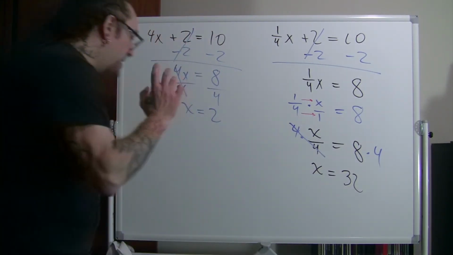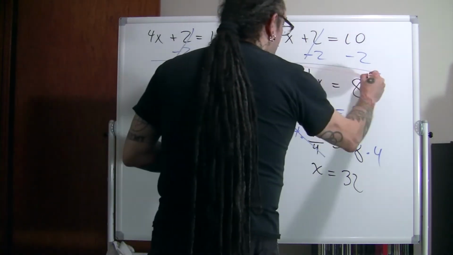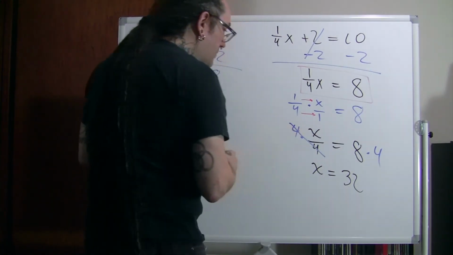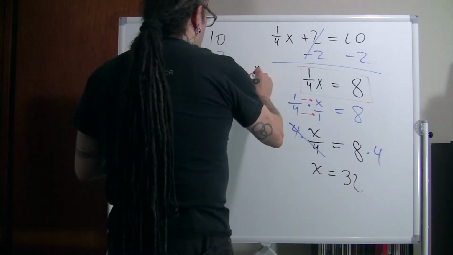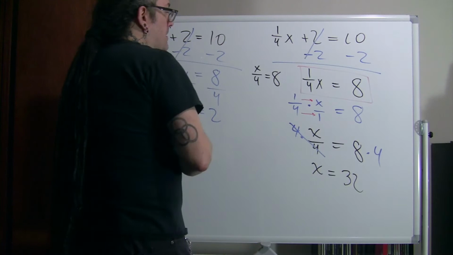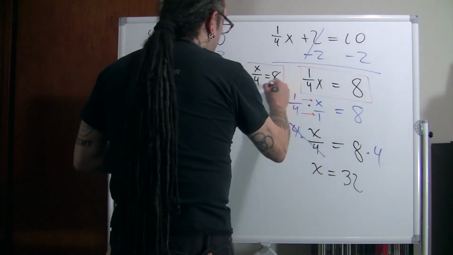The key thing that I'm trying to get across here is that this, and, well, I can't very well draw it in a box over there, and x over 4 equals 8, they're equivalent. These are equivalent phrases.